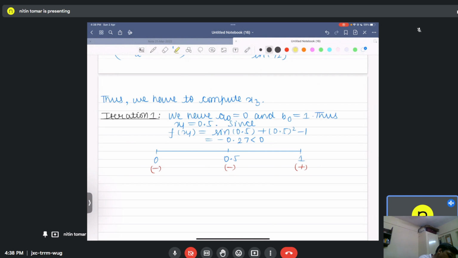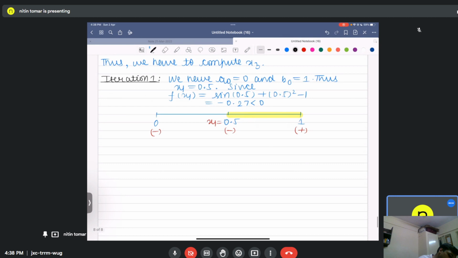So we know by the intermediate value theorem that the root will lie in the interval [0.5, 1]. Okay, so this is my x1. So let us go to iteration 2.